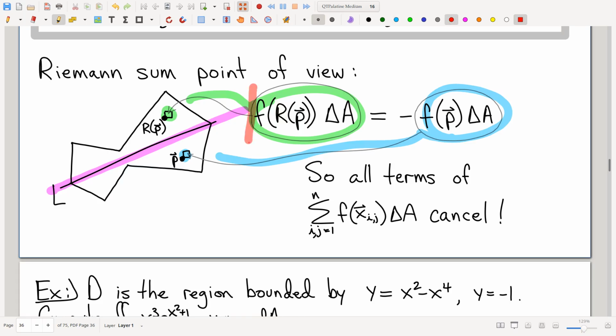And then reflecting the input negates the output, which means that these two terms are negatives of each other, and if they're negatives, then they cancel. So, again, practically stolen off of the single variable argument. Is everybody with me? Everybody has really kind of the same idea, right?